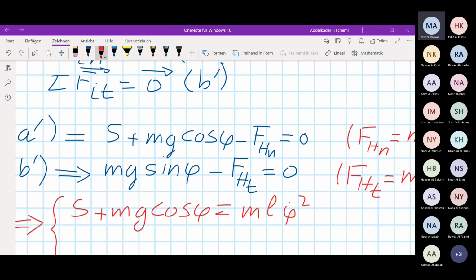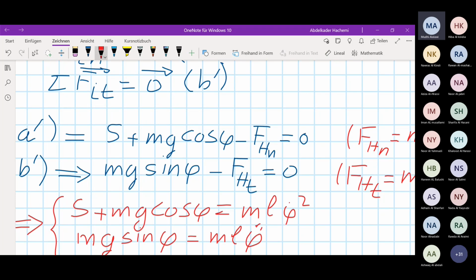And the second equation is mg sine phi, which will be equal to the mass multiplied by L phi dot dot.